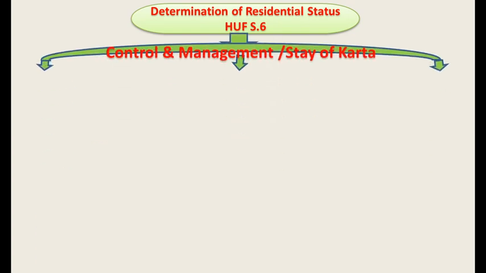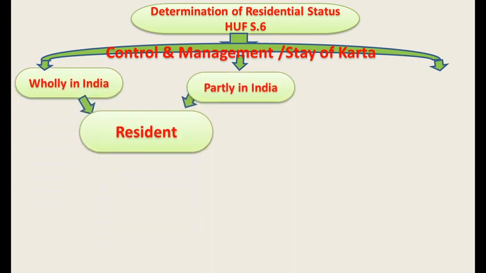As I have just told you, the residential status of Hindu undivided family is determined on the basis of control and management of the Hindu undivided family, as well as the status of Karta in that previous year. Generally, the control and management of Hindu undivided family can be wholly in India, or partly in India.